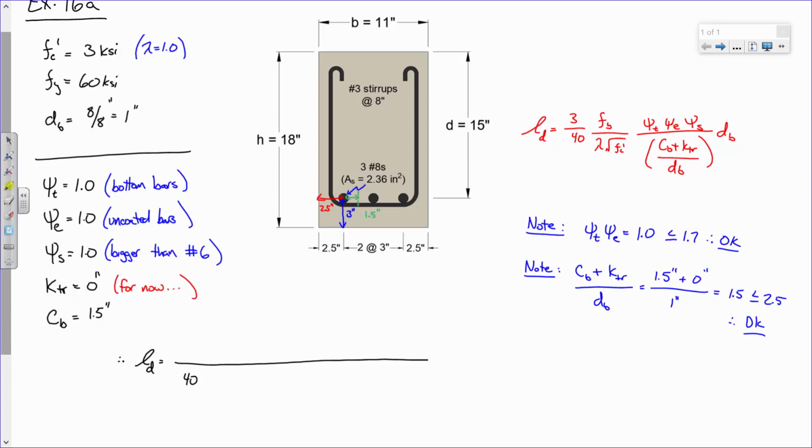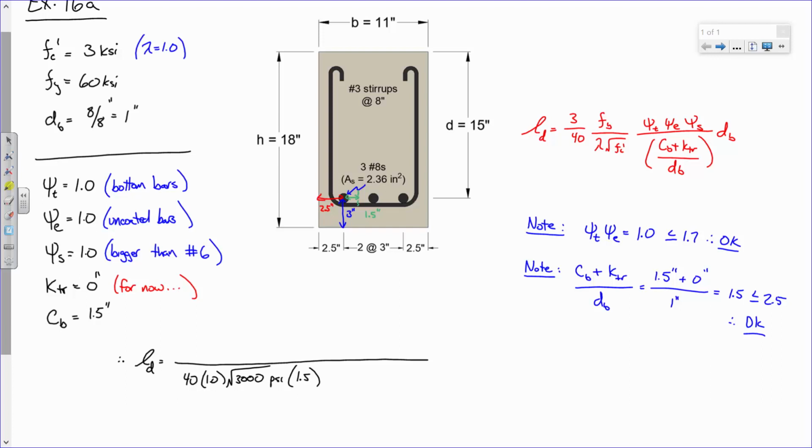Make sure everybody's paying attention. And then this fraction, I don't need to plug in like I did here. It's just 1.5. So we have 40 times 1 times the square root of 3,000 psi times 1.5.